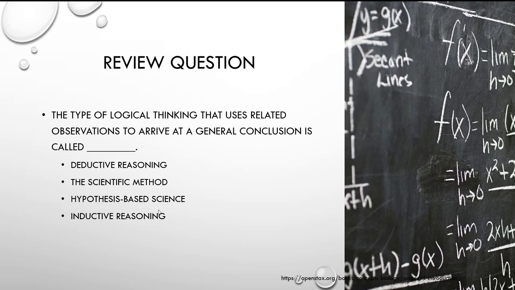If you chose inductive reasoning, I would agree with you. So remember, with inductive reasoning, we're using related observations to come up with some sort of conclusion. With deductive reasoning, we're coming up with something that we've already concluded to predict future results.